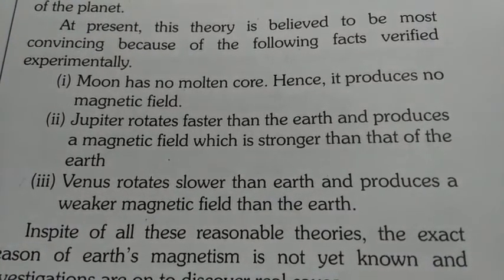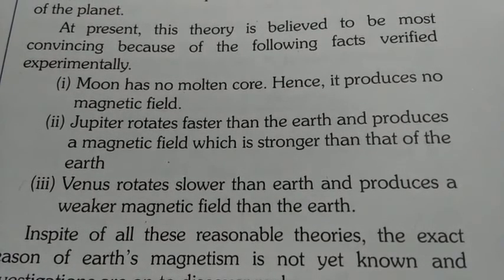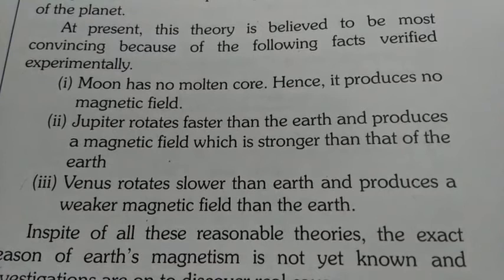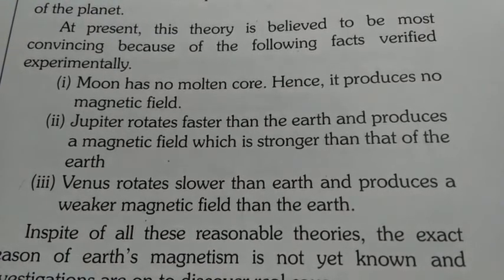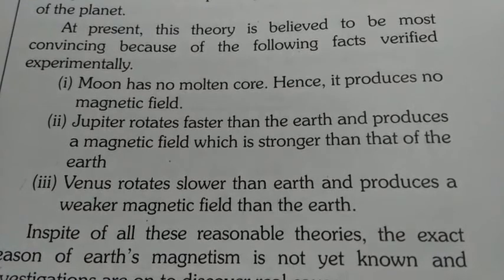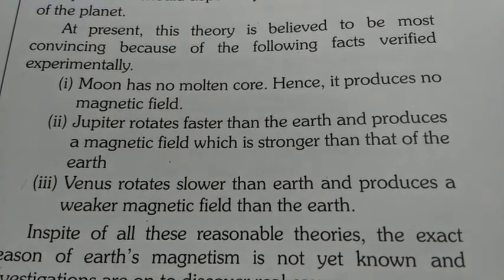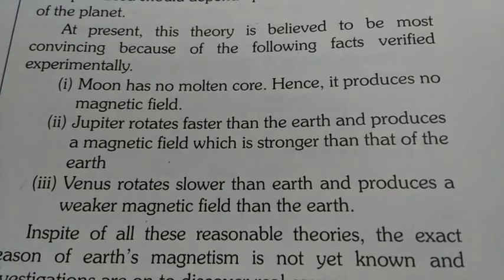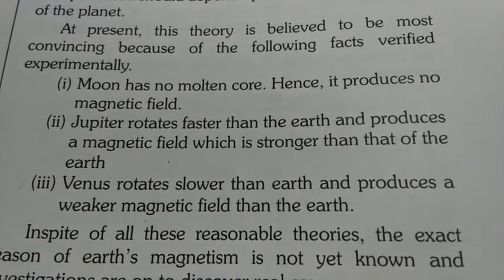See, moon is not having molten core and it is not having magnetic field. It suggests that if it is having molten core, it may have magnetic field. Second thing, Jupiter rotates faster than the Earth and produces a magnetic field which is stronger than that of the Earth.